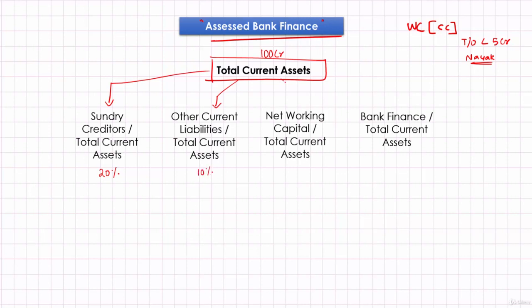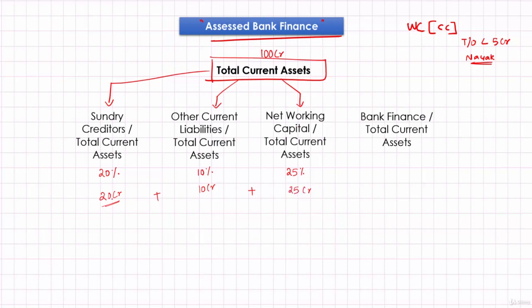and net working capital is there, that is infusion of long-term funds for supporting working capital. Let's say that is around 25%. It means your total asset 100 crore, of which 20 crore is funded by sundry creditors, 10 crore is funded by other current liabilities, 25 crore is funded by net working capital.